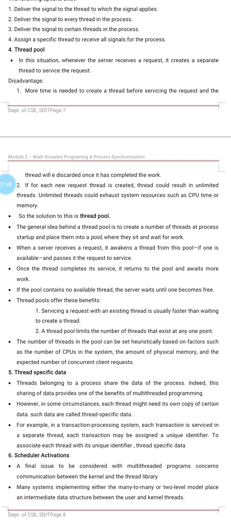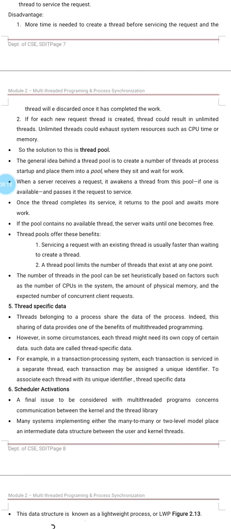Whenever a request comes in to the server, the server doesn't waste time creating a thread. Instead, it directly takes a thread from the pool, thereby saving the time required to create a thread. Only if there is no thread in the pool does the server have to wait until a thread is available.